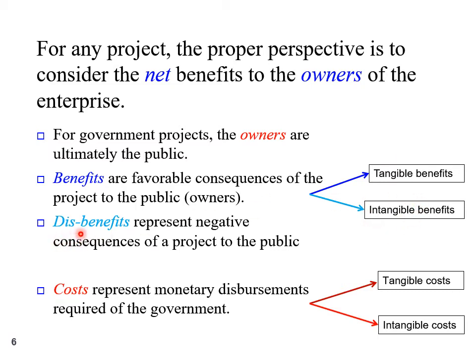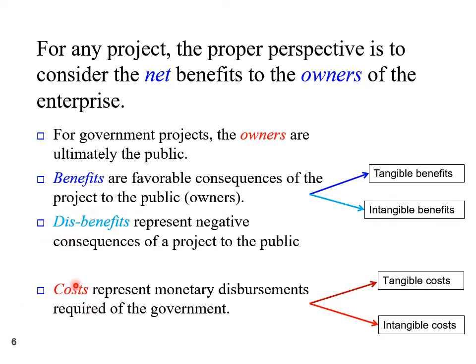There are also disbenefits of the project. Disbenefits represent the negative consequences of a project to the public. Other than the costs, there may be some negative consequences, and these consequences may be related with not the whole public, but with a small group within the public. Okay, but still we need to consider these.